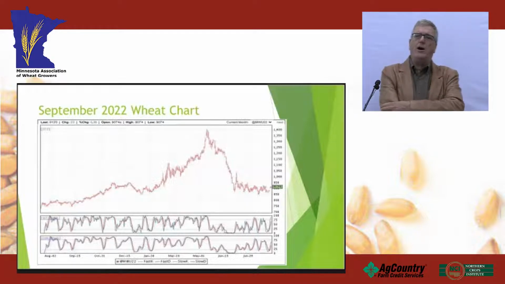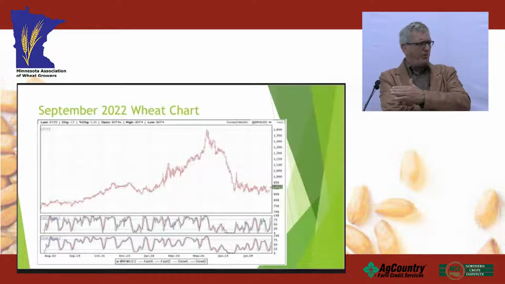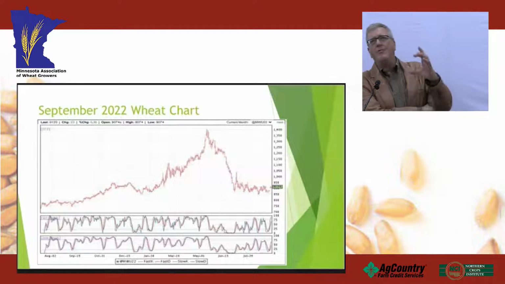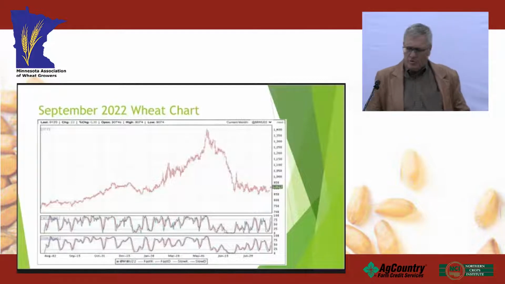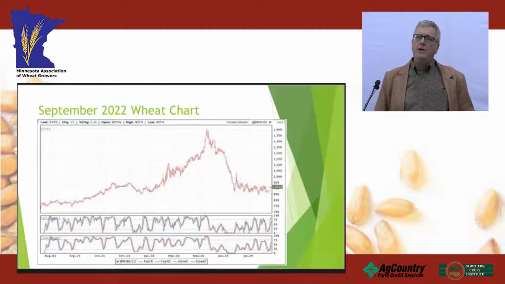The only reason I have that on there is so that you can see that when we're in that sideways trending pattern, if you do need to make some short-term selling decisions, you can use those tools to help you pick the top end of that trading range market. So we'll refer back to this chart later on, but I just wanted you to get a quick look at a little bit of that nearby pricing history.